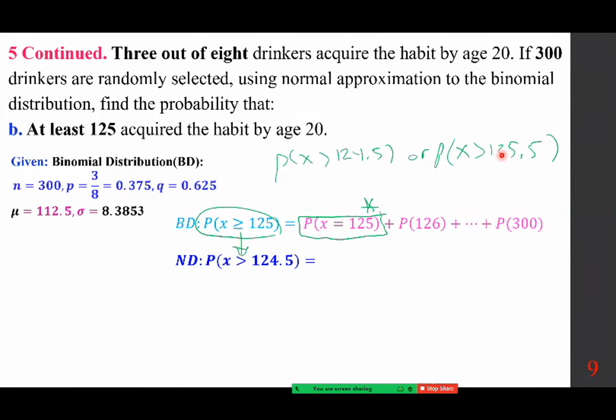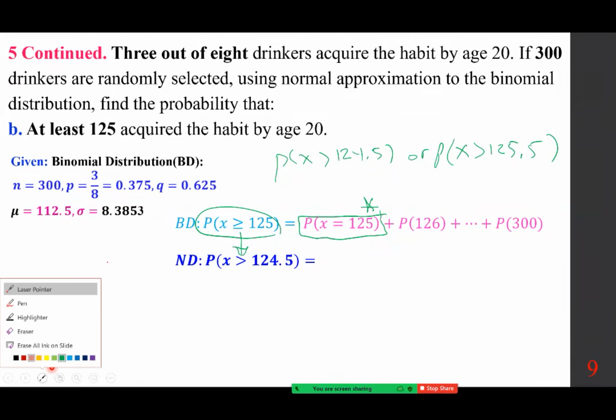If you use 125.5, the first number, which is discrete, larger than that is 126, and you miss that. But with this one, the very first number larger than this, which is a whole number, is 125, and now you don't miss the first one. That's why you don't need that. I hope everybody's clear.